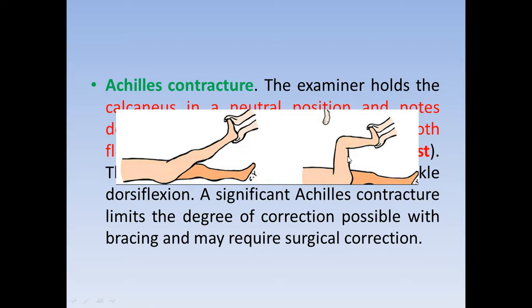So the tightness is from here, not from there. It is from above the knee, so you will do the recession here at the musculotendinous junction, in the fascia on the musculotendinous junction, not in the tendon itself below. So the key examination points are step 2, the Jack test, and the Achilles tendon.